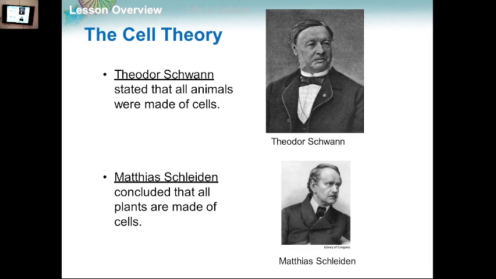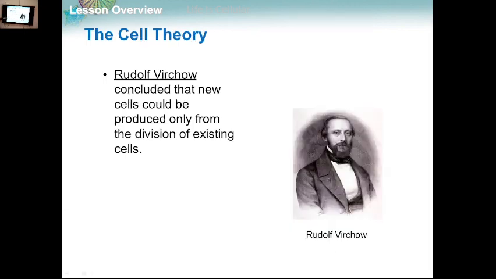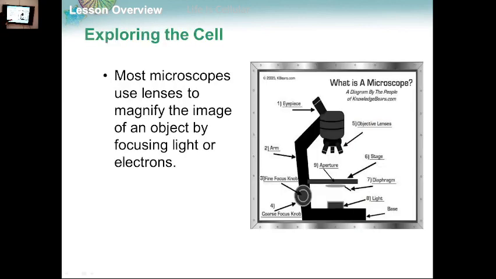This is how the cell theory developed and how the scientists defined the cells. Then Virchow concluded that new cells could be produced only from division of existing cells. So without an existing cell, there is no way that new cells will form. Okay, this is from Virchow.